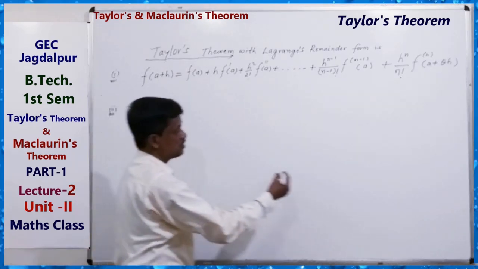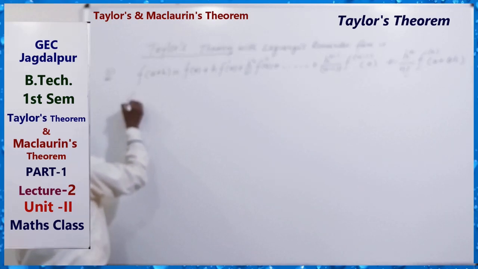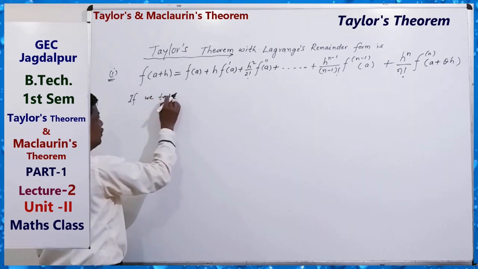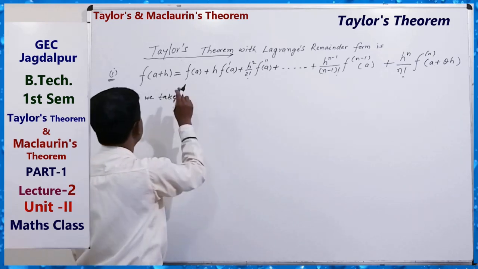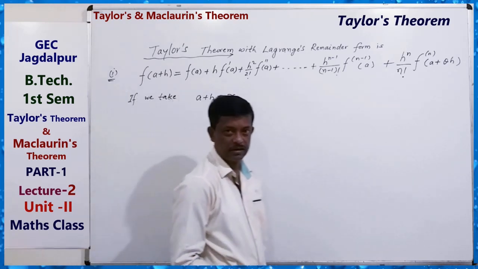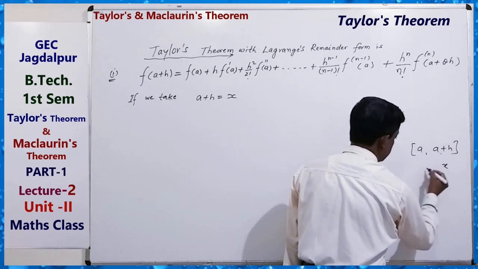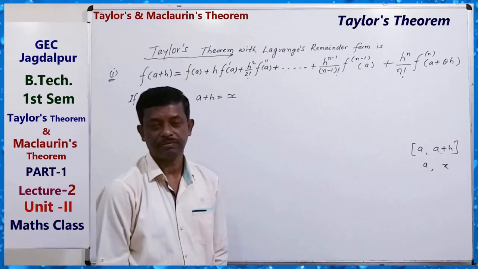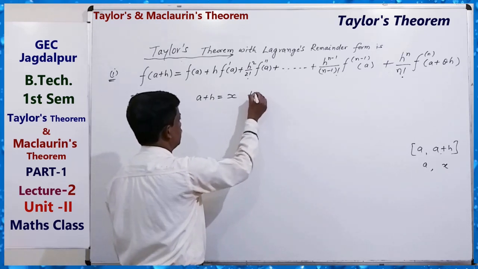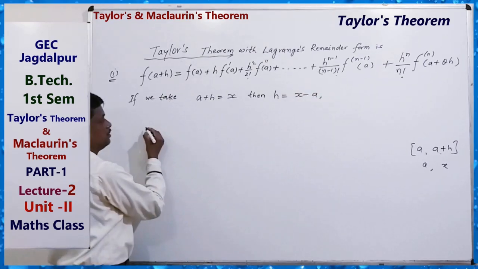So suppose if we take a plus h equals x, that is in the interval, so a plus h is our interval, here just write x, first a and then x. Then h equals x minus a.